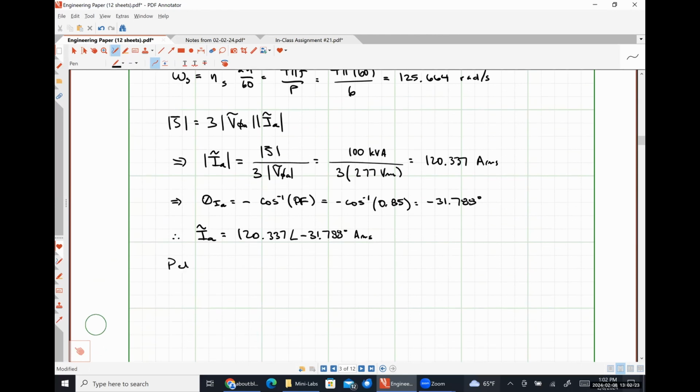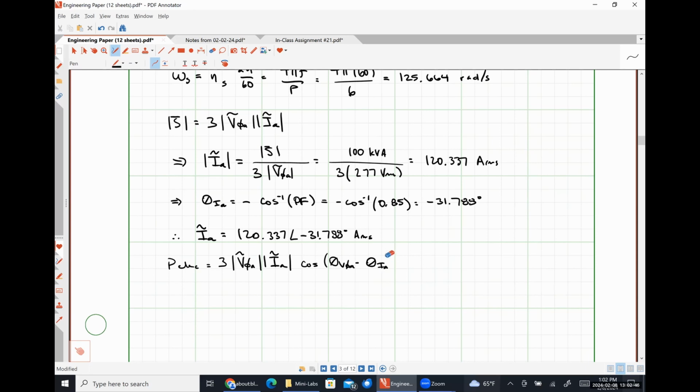So we can say that P electric is 3 times the magnitude of V phi A times the magnitude of IA times the cosine of theta V phi A minus theta IA.